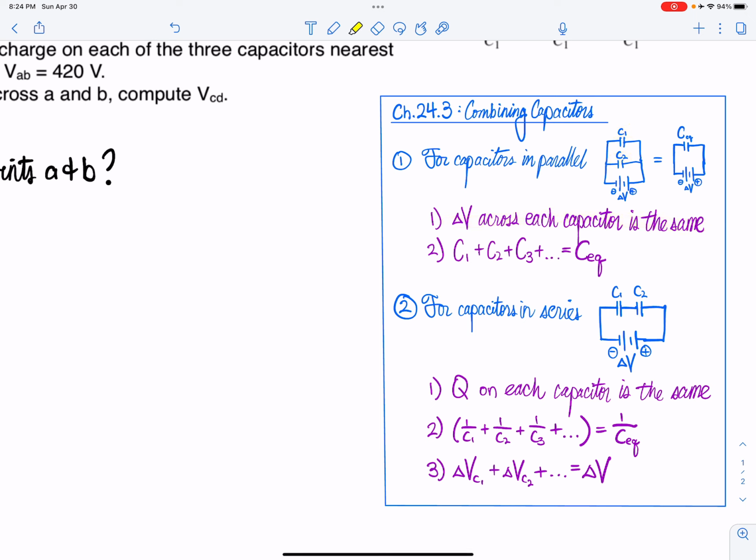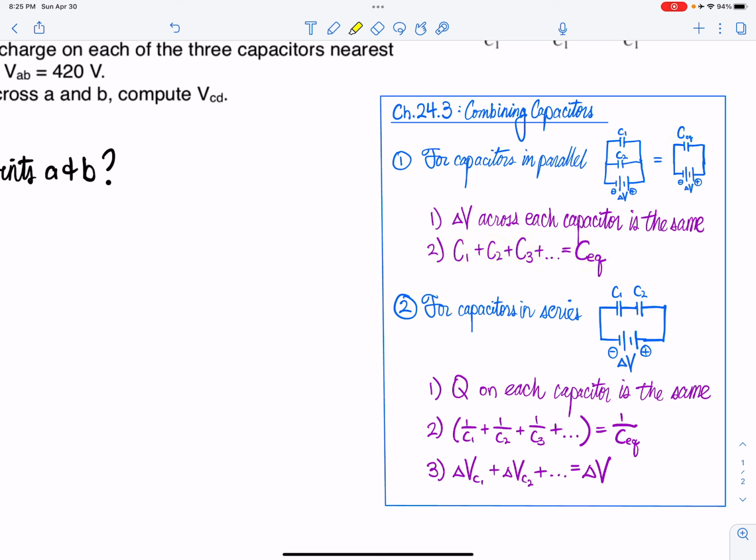And the equivalent capacitance is just the sum of each capacitance, so C1 plus C2 equals C equivalent for capacitors in parallel.